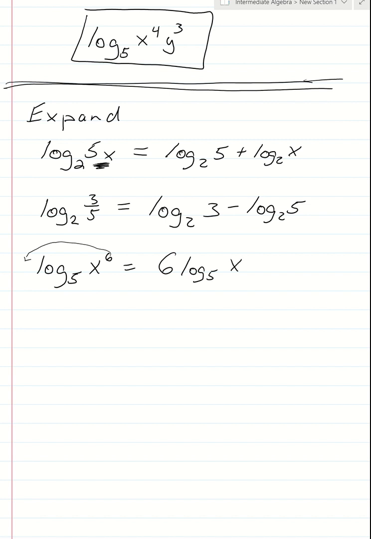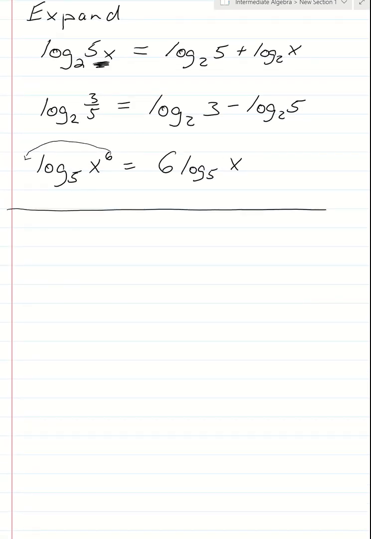And that would be considered your expanded form, because instead of having just one simple log of x to the 6th, we have 6 times the log base 5 of x. So we can either simplify your logarithmic terms, or we can expand them out. Let's take a look at one more.